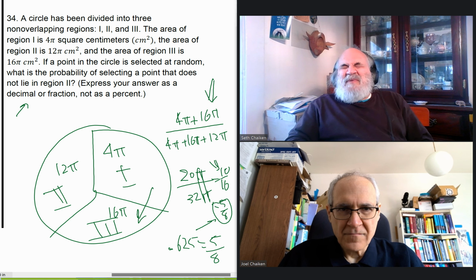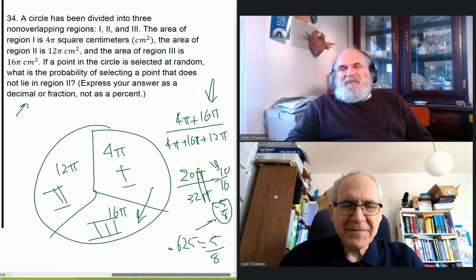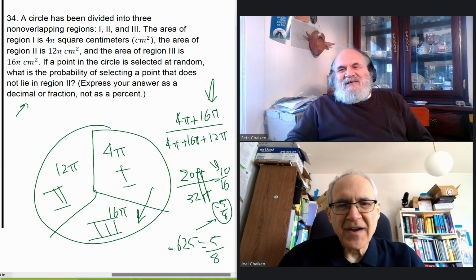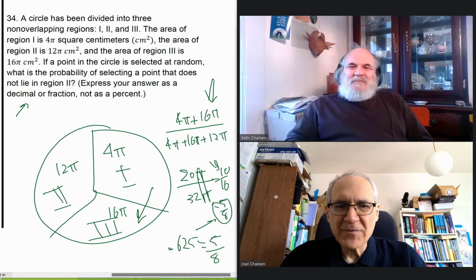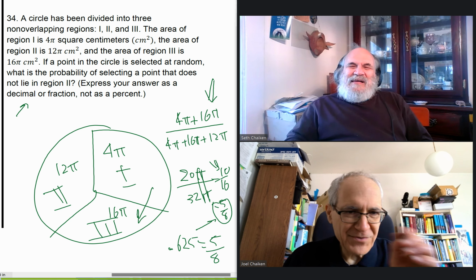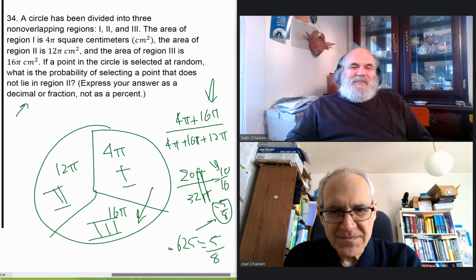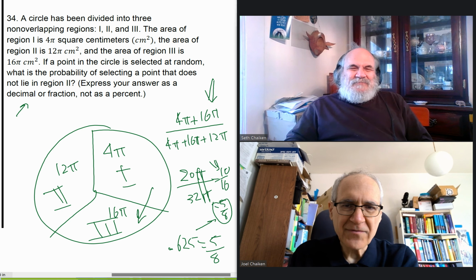But this question simplifies away any of those issues. Plus, it's at the high school level and the SAT. So one would pencil in either 5/8 or 0.625.